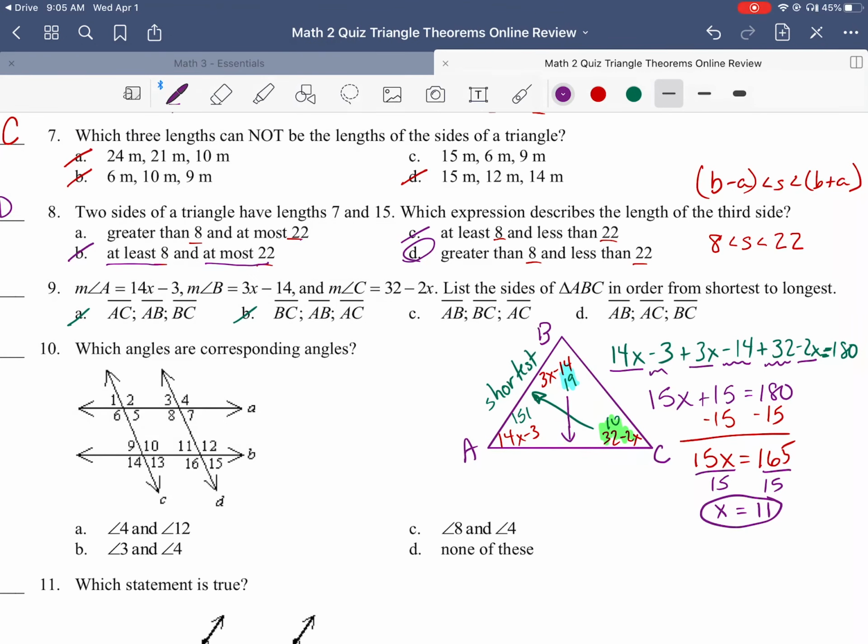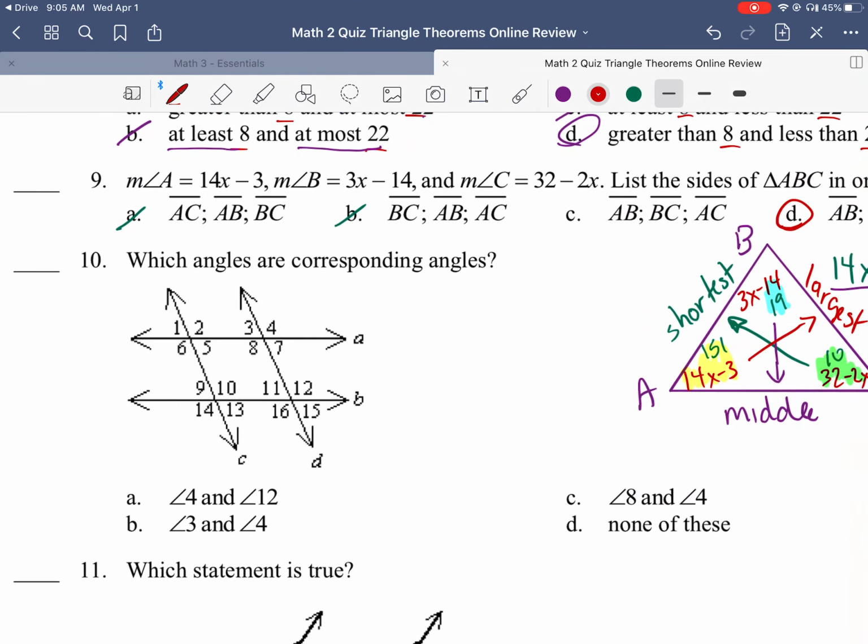So this is my middle. Okay, so we now know the answer is B. And just to make sure we can see all of it, this one is definitely by far my largest. And across from that is BC, okay, which is D.